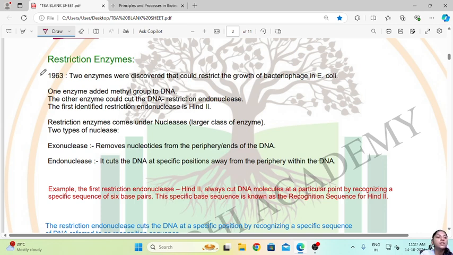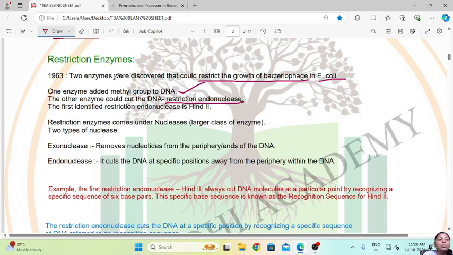Now in 1963, two enzymes were discovered that could restrict the growth of bacteriophage in the E. coli bacteria. One enzyme added the methyl group to DNA, and the other enzyme could cut the DNA and was called restriction endonuclease.